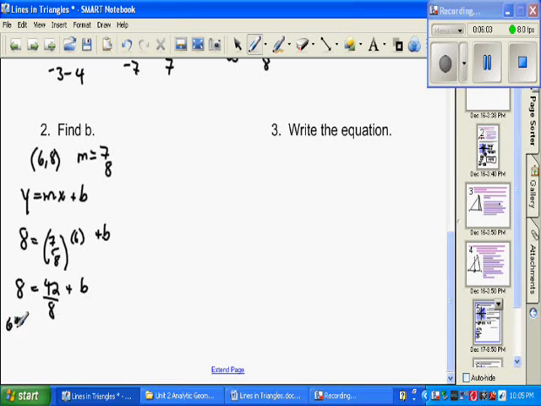So I'm just going to make it 64 over 8 minus 42 over 8 equals B.